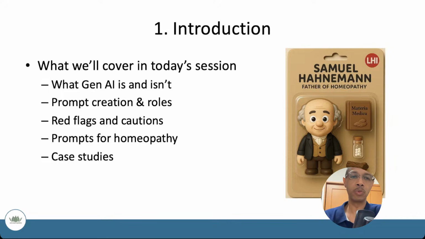It's a little different than what we're used to from movies and whatnot. And then we'll talk a little bit about prompt creation and roles, what that means, and then some red flags to watch out for. There's a lot of positive information out on AI, and there are some good uses for it, but there are definitely some things that we need to watch out for.